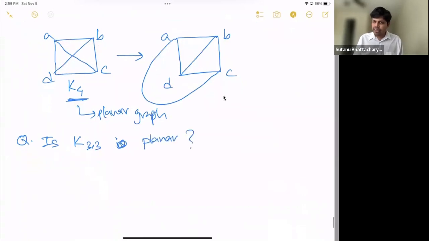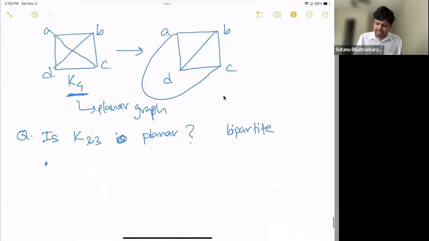So what is K3,3? K3,3 is a complete bipartite graph, with 3 vertices and 3 vertices. Generally it looks like this. At the beginning of today's lecture, we talked about bipartite graphs.